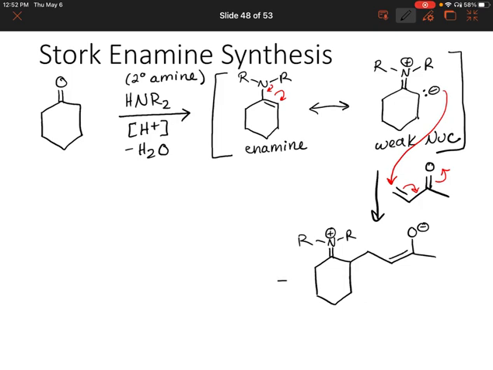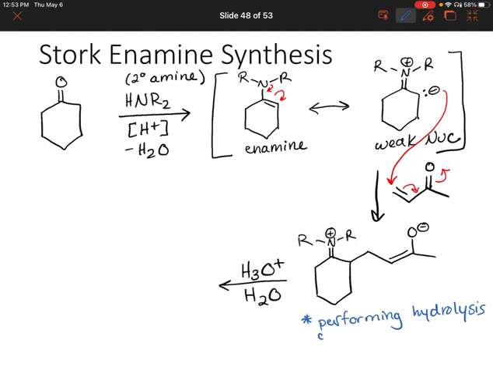So in the next step, we're going to add acid and water. So not only are we going to protonate our oxygen to make our enol, which will tautomerize to a ketone, but we're also performing hydrolysis on the enamine to reform our original ketone. So let's just make a note that we're performing hydrolysis on enamine to get back our ketone.